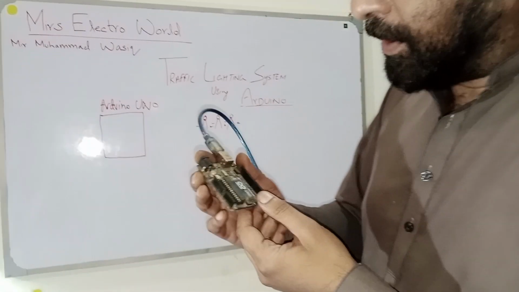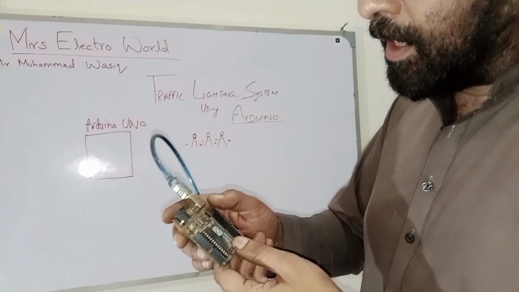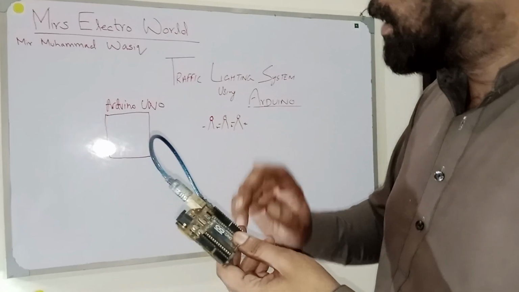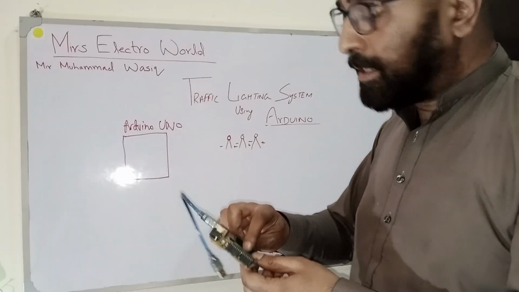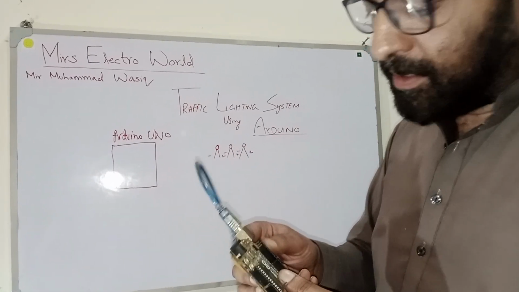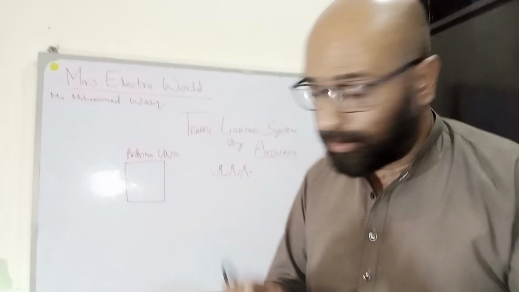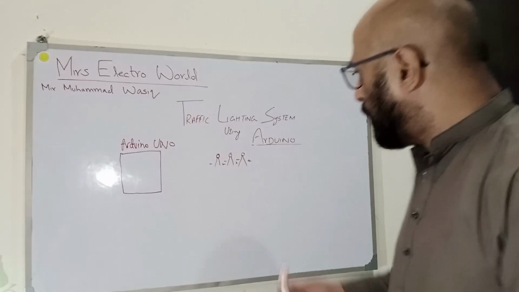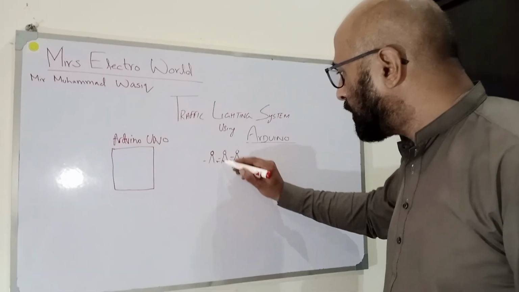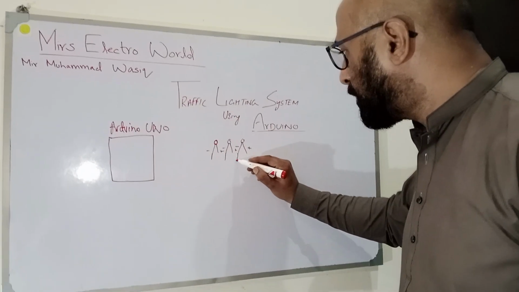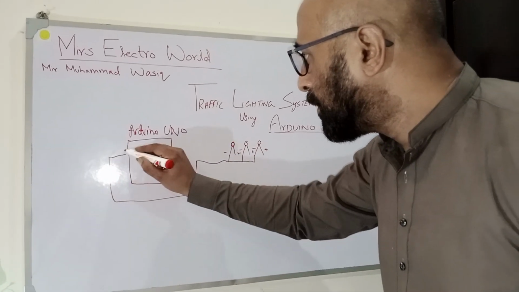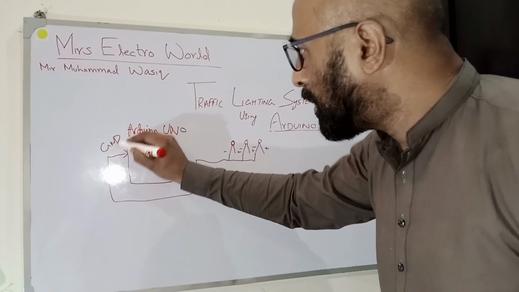So we need to select three digital pins to connect our three lights, and you can select any pins, it's up to you. We need to connect the negative legs together, and we connect them with the ground of the Arduino. This is the ground of the Arduino.